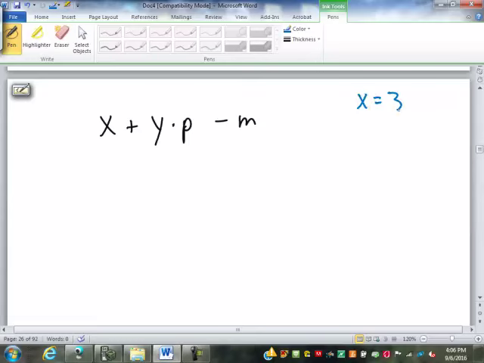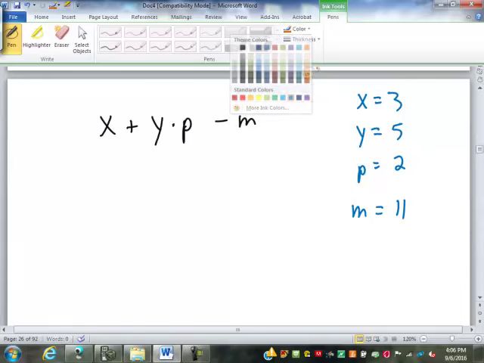If we let x equal 3, y equal 5, p equal 2, and m equal 11. This is a second use of our variables. The first use was to just translate that English phrase into an algebraic expression or sentence, where the variable is just taking the place of some unknown number. Here, the variables are holding a place waiting for us to assign a value to it.